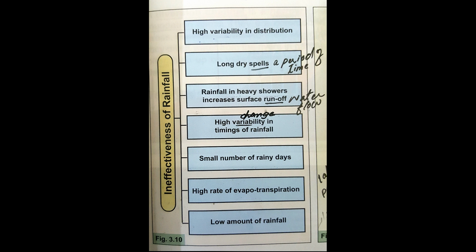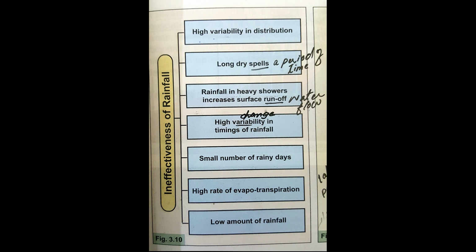There is not equal distribution in the area. Water is not equally used. The distribution is not equal, and there are long dry periods of time. It means there is no rainfall for a long period of time.